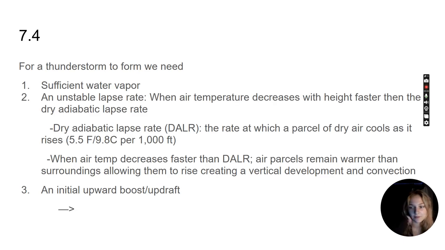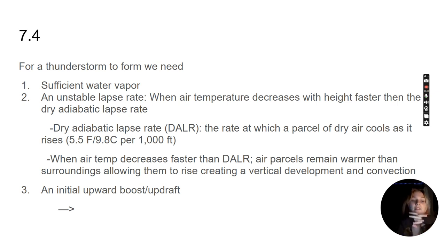Now we're on to thunderstorms. For a thunderstorm to form, we need sufficient water vapor and an unstable lapse rate. I was like, what is a lapse rate? It's when air temperature decreases with height faster than the dry adiabatic lapse rate. The dry adiabatic lapse rate, or DALR, is the rate at which a parcel of dry air cools as it rises.